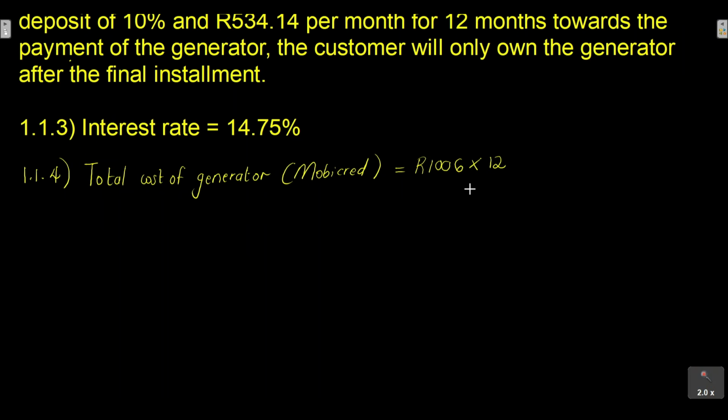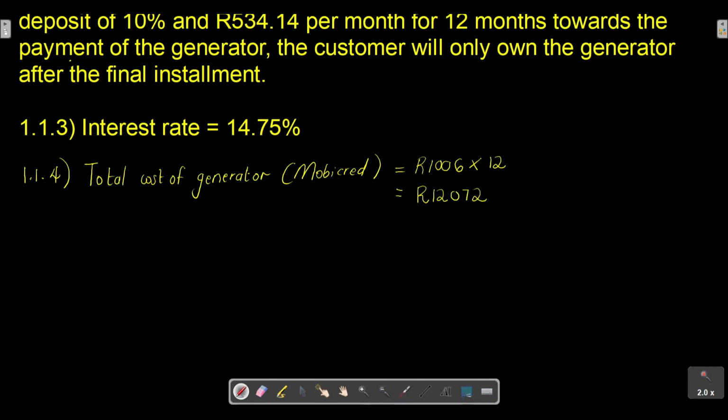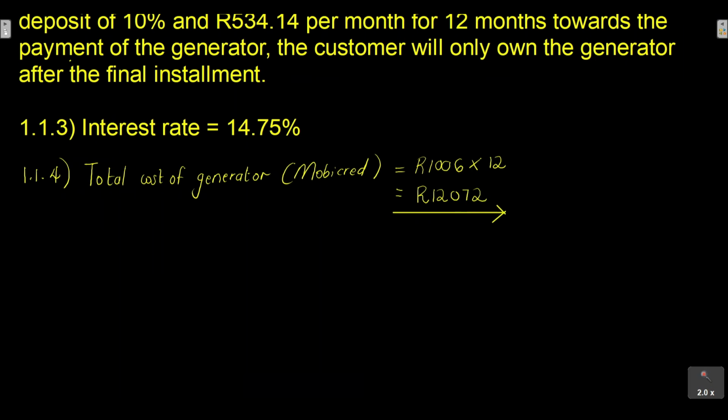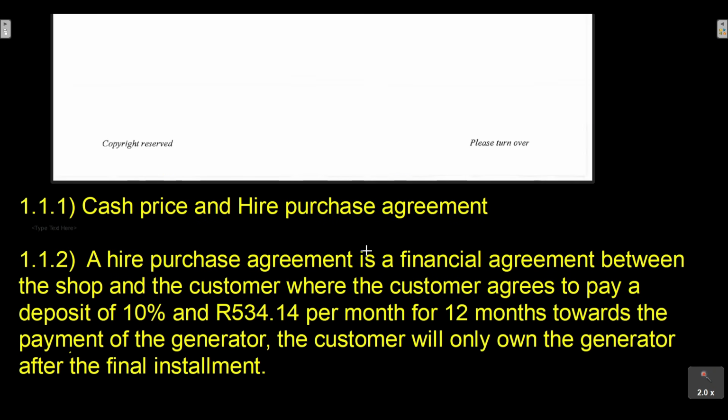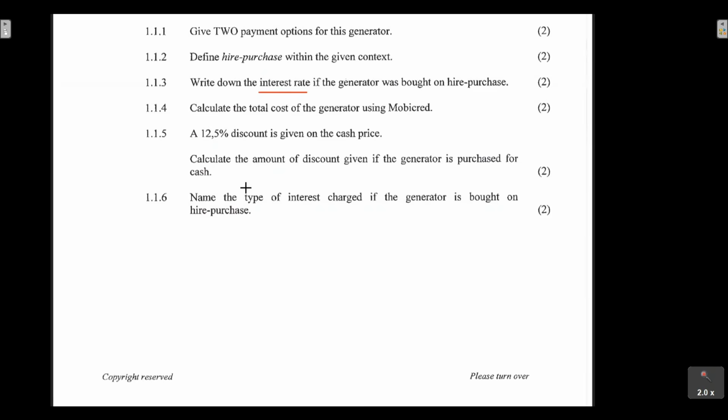If you punch that into your calculator, you will get that the total cost for the generator, if you use MobiKred, will be 12,072 Rand. So that's what this question is asking, that you'll actually be paying in total 12,072 Rand if you decided to use MobiKred. Okay, so that is that.